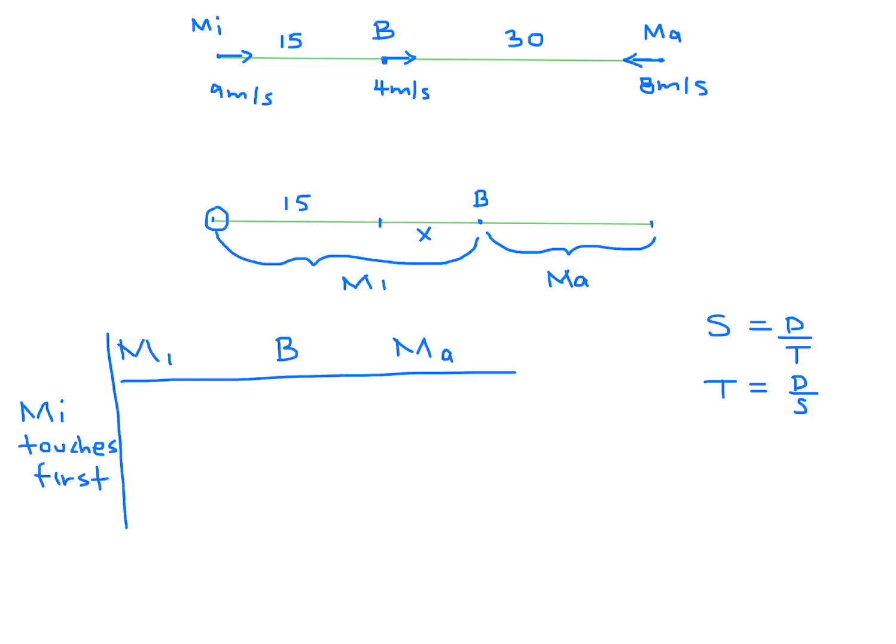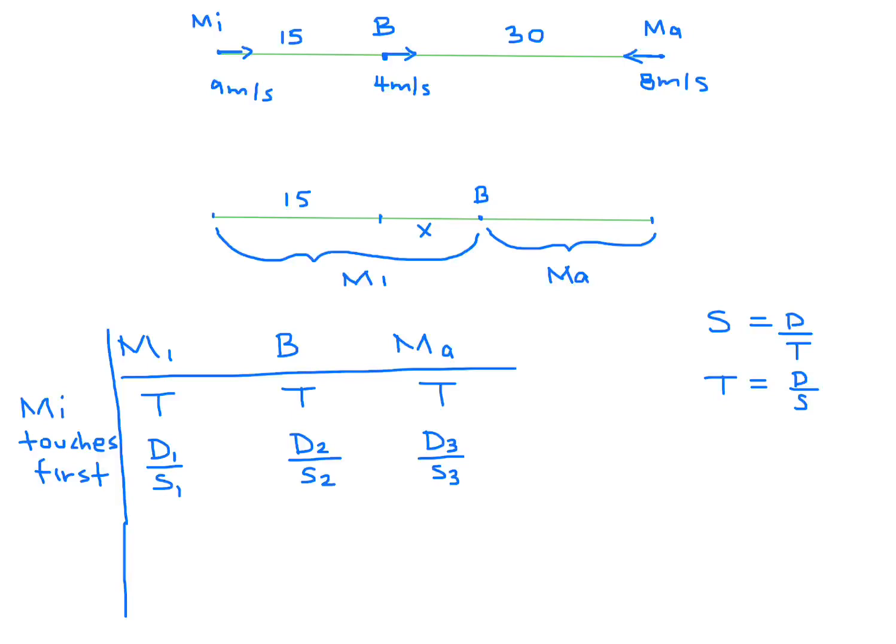That's the only way he can touch the ball first. So for each of these, we've got to figure out the time. The time is right here. It's d over s. I'll just write 1 to denote it's for Michael. For the ball, it's d over s, but I'll write 2. And for Marcos, it's d over s, but I'll write 3, just to show that these are different variables.